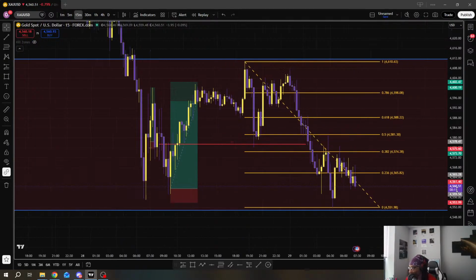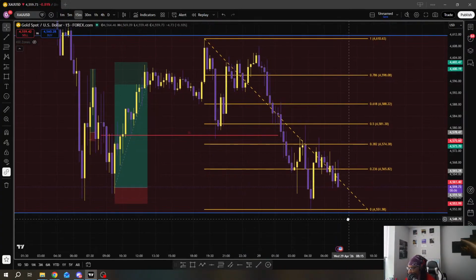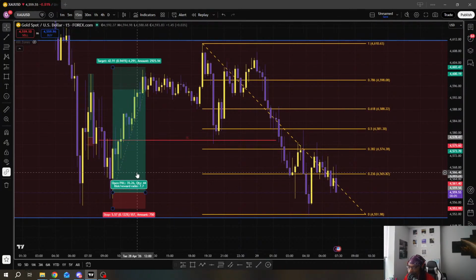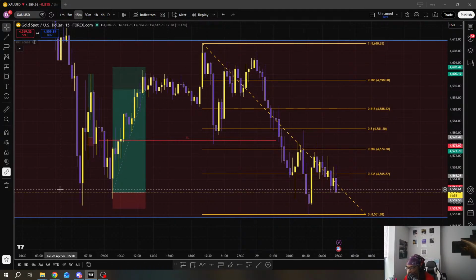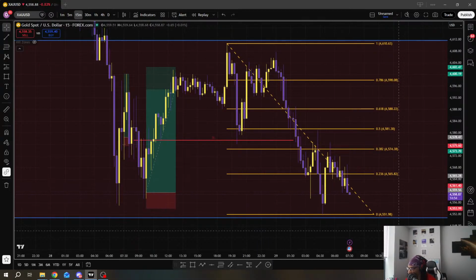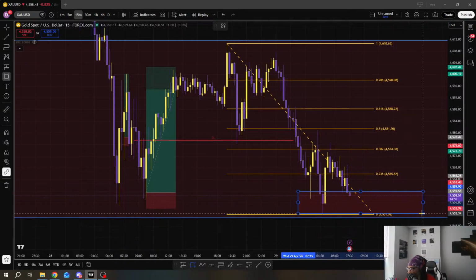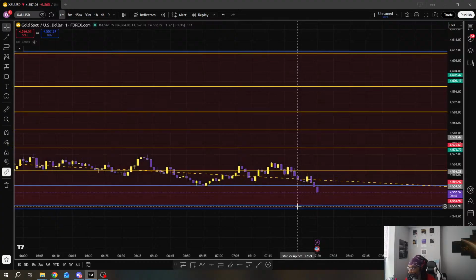Now this is exciting. Waiting for price to play out. This is the best part about trading, because you know that price is gonna do something, and then all you have to do is be patient and wait for it to happen, right? So when price comes down to this area here, I got to be mindful, because once we tap into this area, which we've already tapped into, now we got to look for a rejection confirmation.